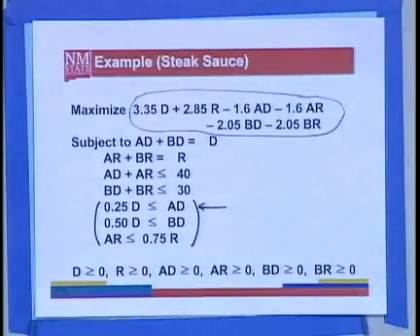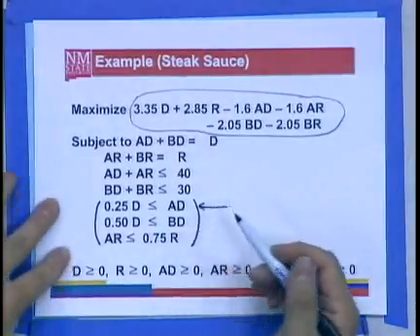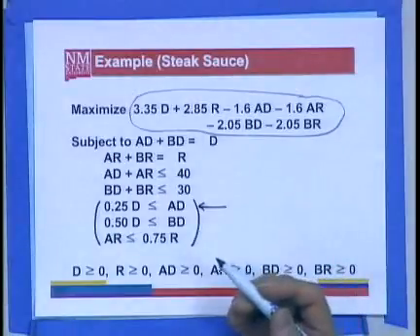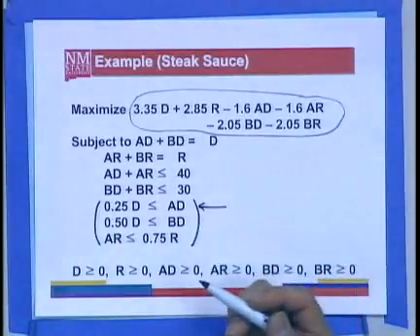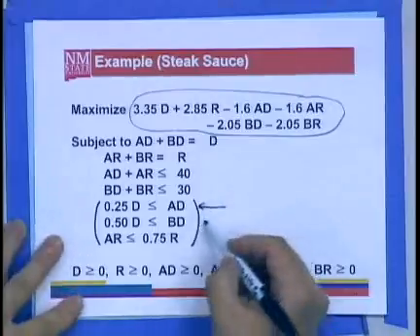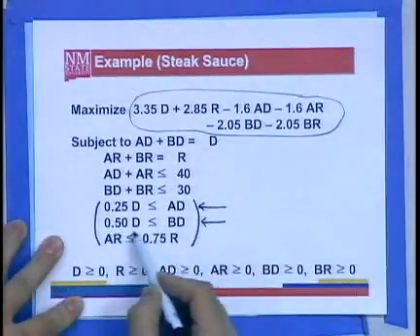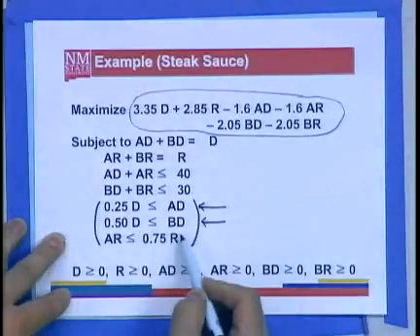AD is the quarts of A used to make Diablo, and D is the quarts of Diablo to be produced, right? And Diablo must contain at least 50% of B. That's why we have 0.5 times D is less than or equal to BD.